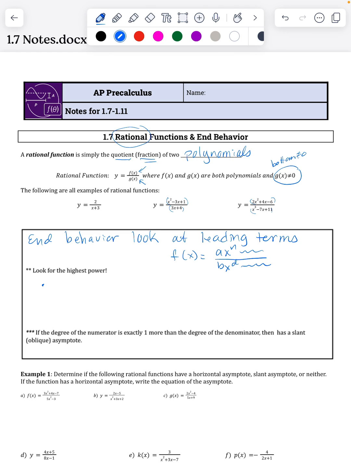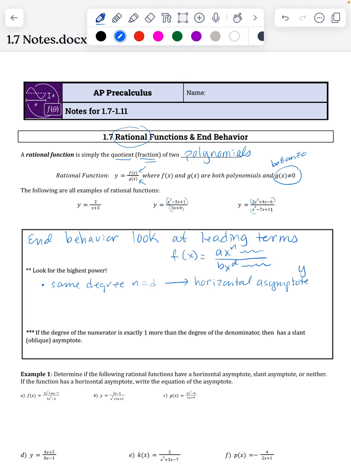If they have the same degree, so same power, so in the example that n is equal to d, then you're going to have what we call a horizontal asymptote. And that is going to be what the ends go towards.